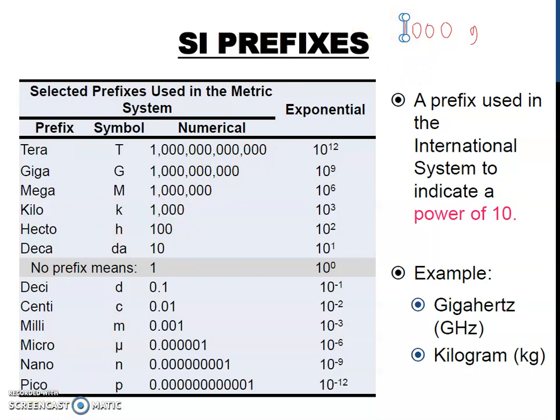Kita tengok dalam table ni, 1000 is kilo. So sini kita boleh pendekkan dia jadi 1 kilo, k, gram. So kita tak perlu tulis panjang-panjang lah. Kalau you ada 1000 ni macam mudah sangat kan. So we have this 10,000 lah, tambah 1 je.